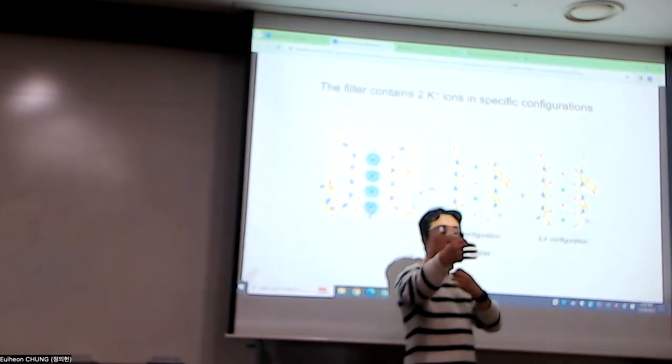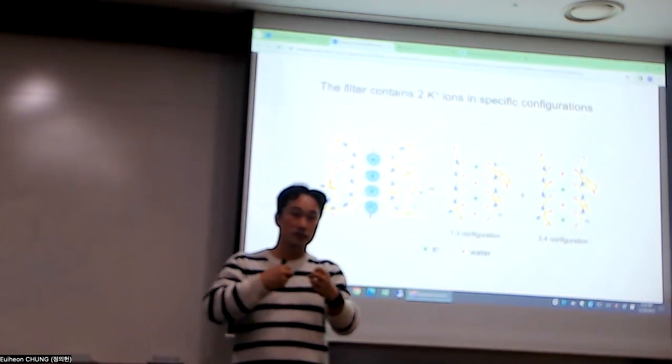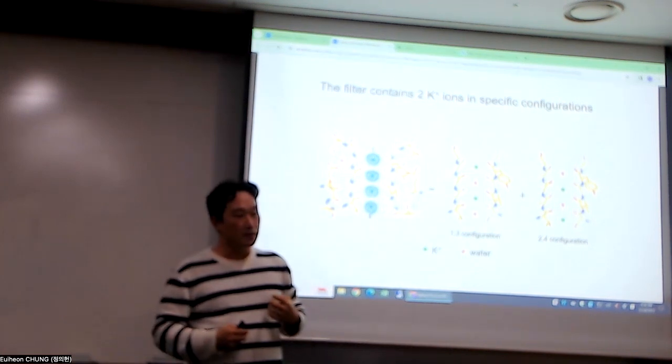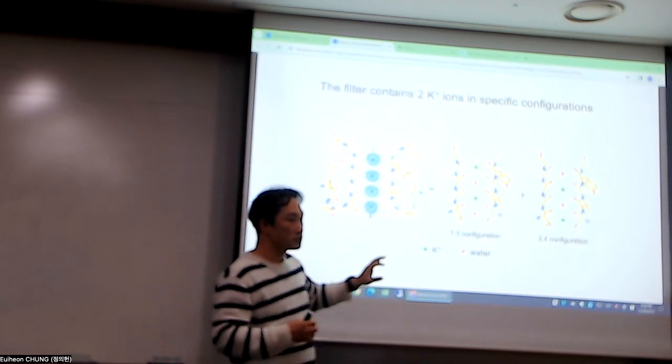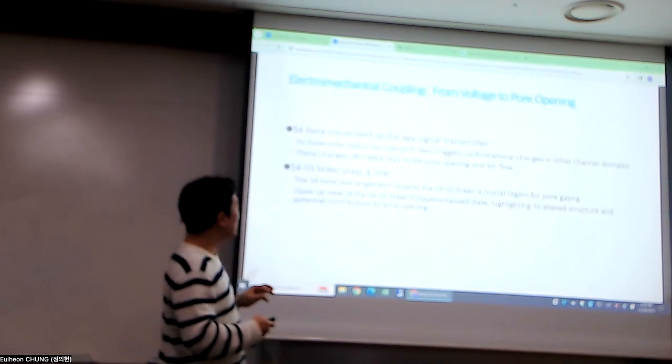The sodium ion has to overcome two barriers. That's why this kind of configuration also gives the selectivity for the potassium ions.